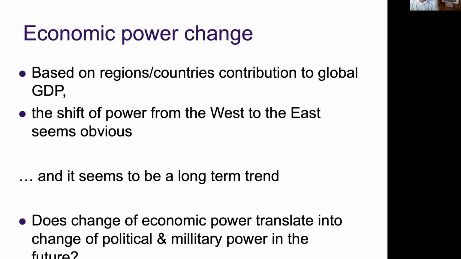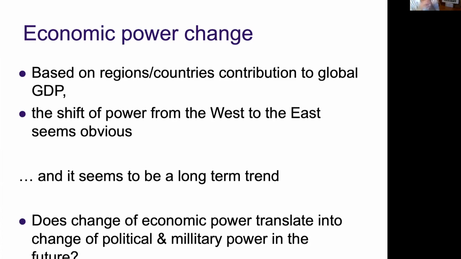But we don't see the same kind of change within the military power. And I want you to think about whether this is just the first step, so that economic power will translate eventually into military power in the future, and we will have a political shift as well.